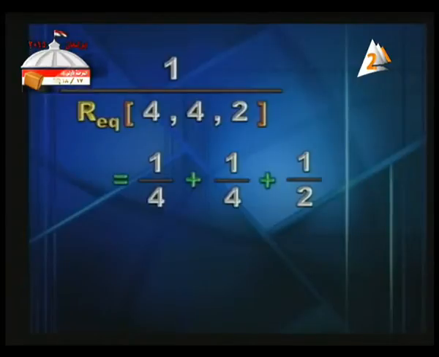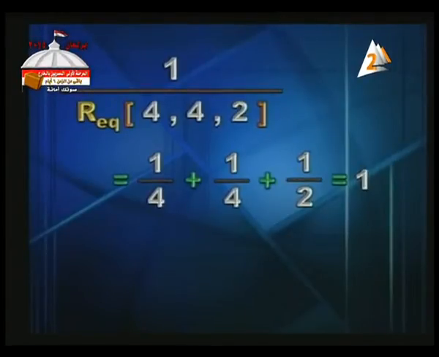We'll try to determine the equivalent resistance of the parallel combination 4, 4 and 2. 1 over R equivalent of 4, 4, 2 is equal to 1 over 4 plus 1 over 4 plus 1 over 2, it is 1 over 1, it is 1.